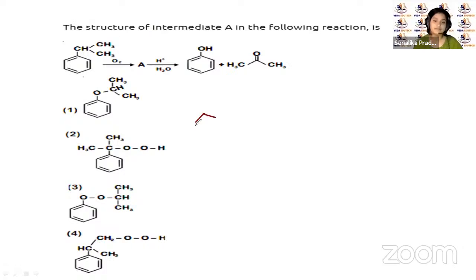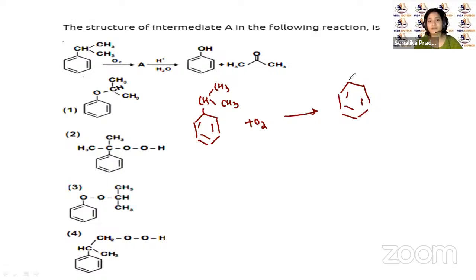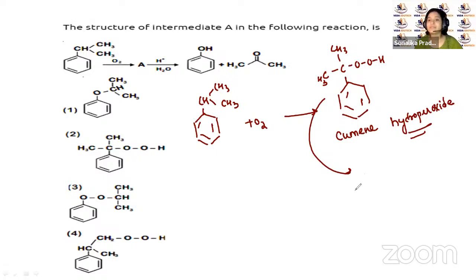So can I say, if we add O2 here, it will give us, so this compound will be named as cumene hydroperoxide, and this is a common method for the preparation of alcohol, as you can see here, right?